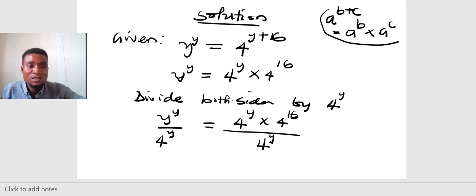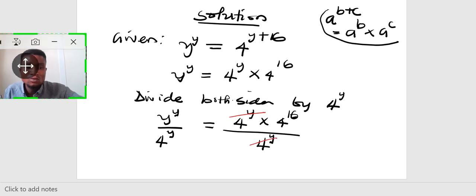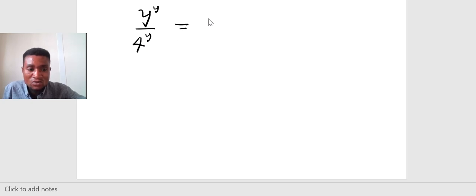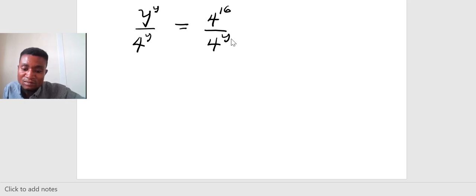So from here, if we cancel out and do our division correctly, we'll be left with y raised to the power of y divided by 4 raised to the power of y, which is equal to 4 raised to the power of 16 divided by 4 raised to the power of y. We have cancelled this out, so it will not be there again. Alright, so this is all we have.